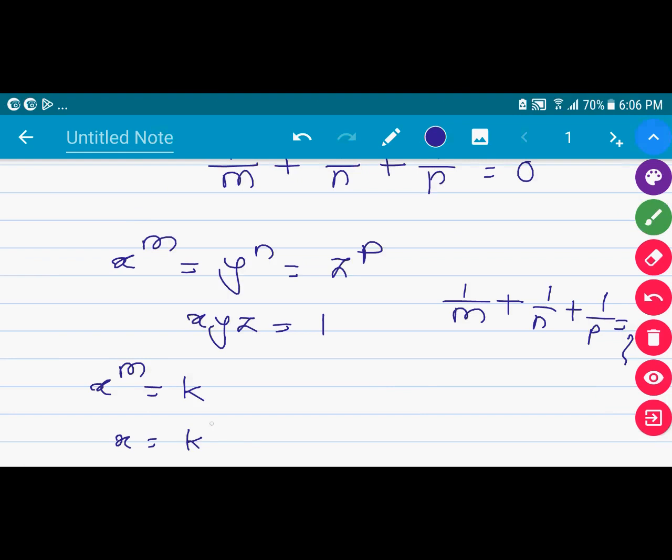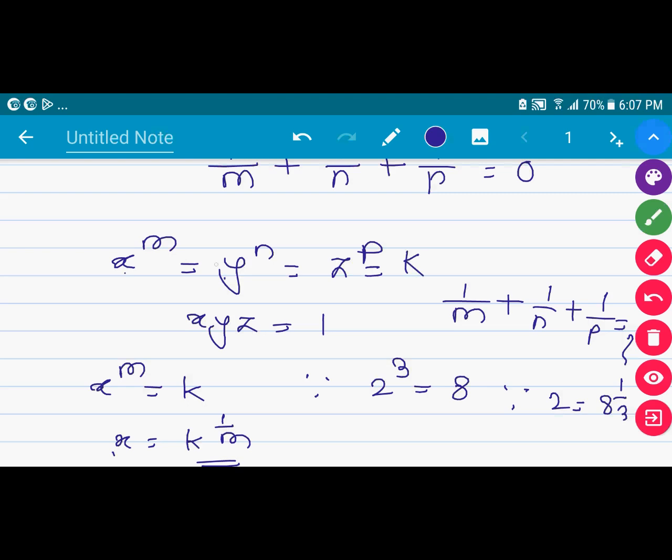It means x is equal to k raised to 1 upon m. For example, 2 raised to 3 is equal to 8, that means 2 is equal to 8 raised to 1 by 3. Likewise, x is equal to k raised to 1 upon m. Same, y raised to n is also equal to k, because all the values are same.